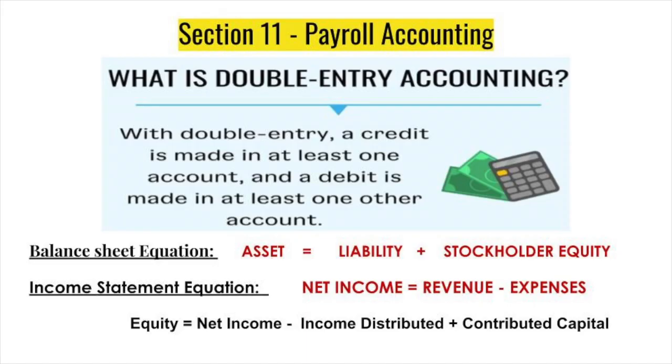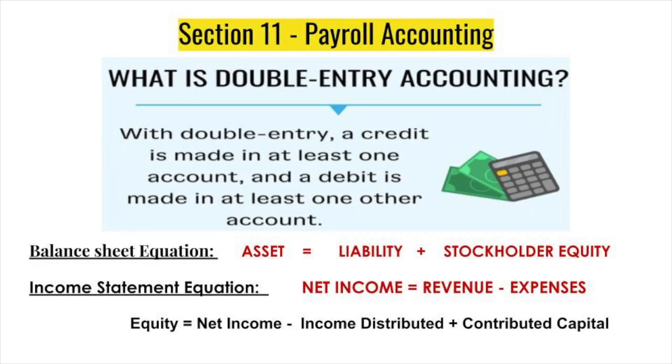All of the company's transactions are recorded and classified into various accounts using the double entry system that is based on two equations. The first equation is assets equal liabilities plus equity. This equation provides the basis for the financial statement called the balance sheet, which shows the company's financial position at a particular point in time.